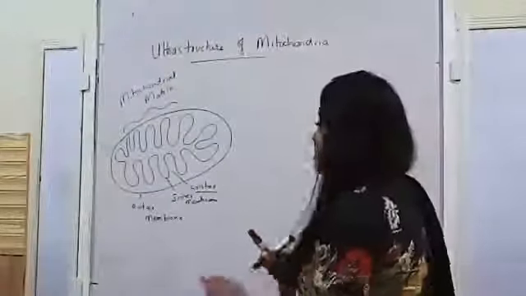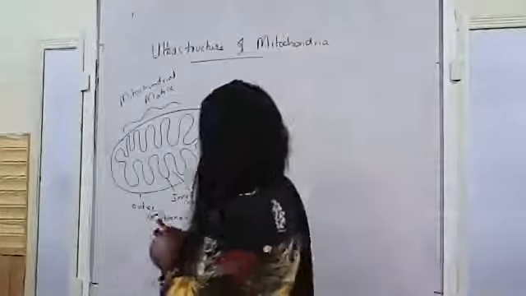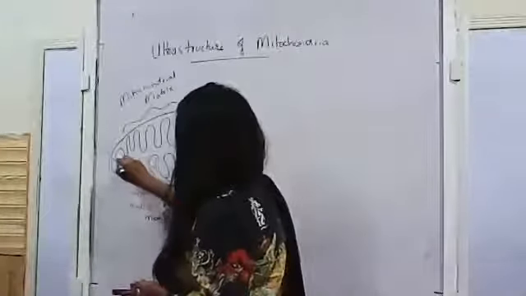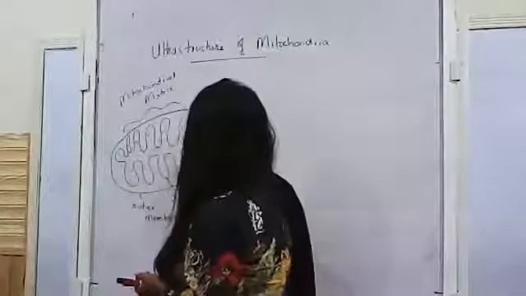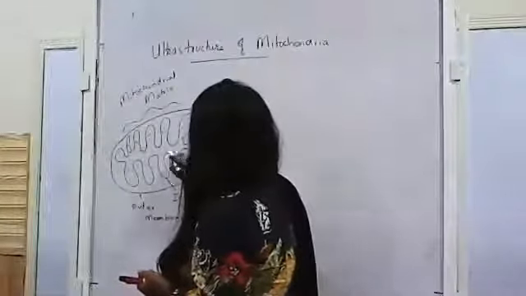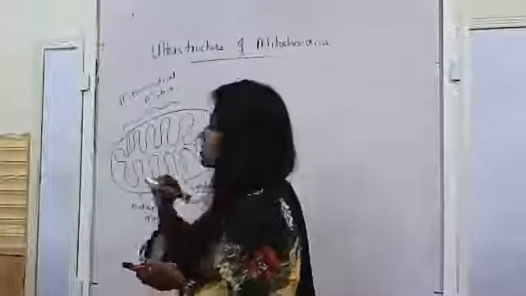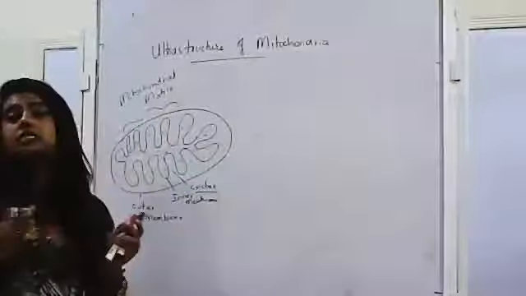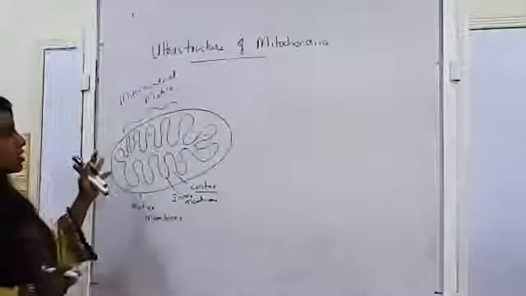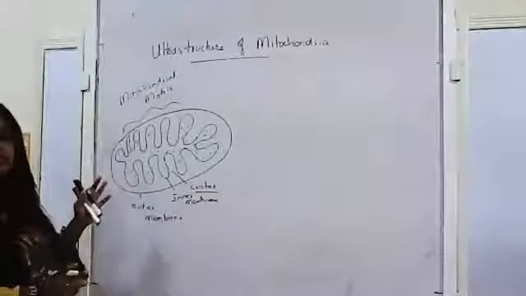Now, in these cristae are present enzymes, molecules made up of proteins that help in the process of respiration. That means mitochondria is the respiration center, but respiration actually takes place where? In these cristae, right?